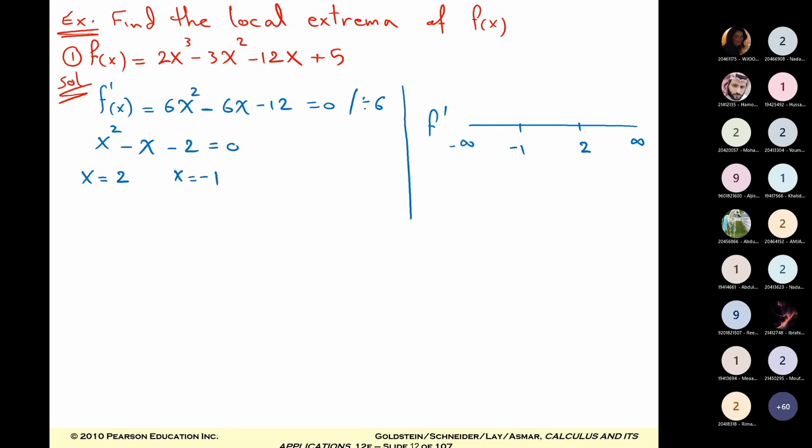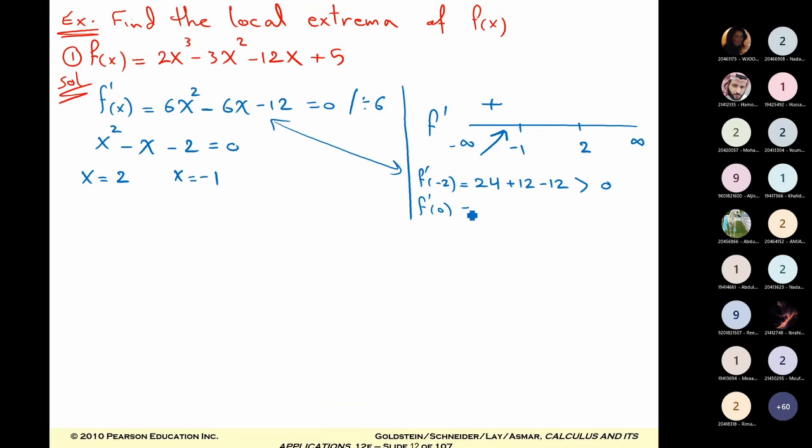Now we can choose f prime at negative 2. We have 4 multiply 6, 24, negative 2 times negative 6 is plus 12, minus 12. So this is positive. So this is the direction.